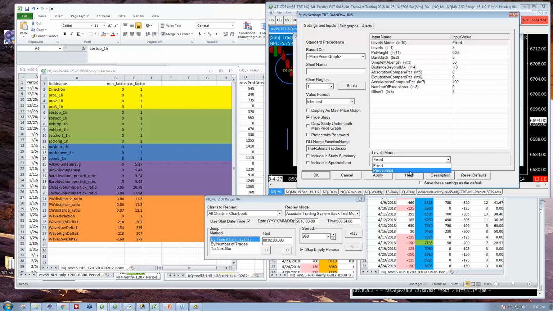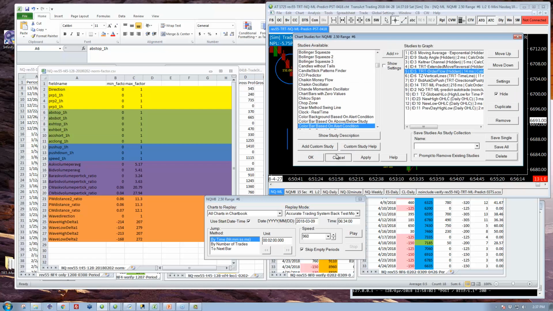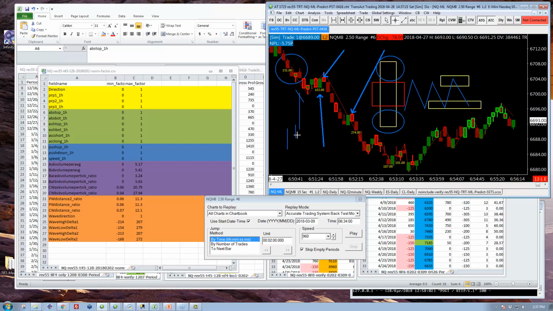And if you choose percentage, then this percent value becomes important. That would be a normal number: give me the top third and bottom third of the bar. And so the system looks at the top third of each bar. For a bigger bar, that's going to be more, and that's how it calculates order flow.